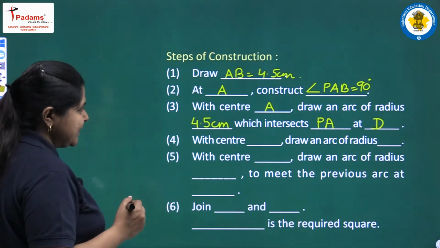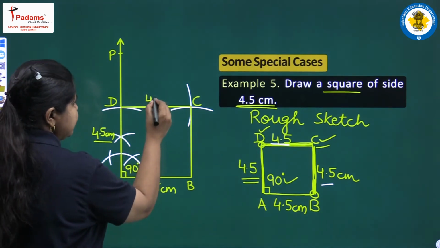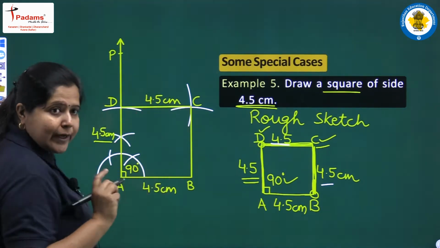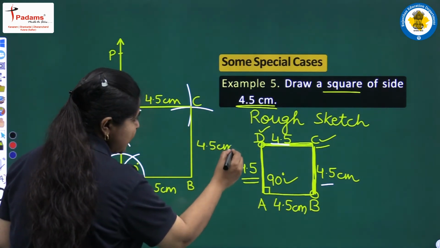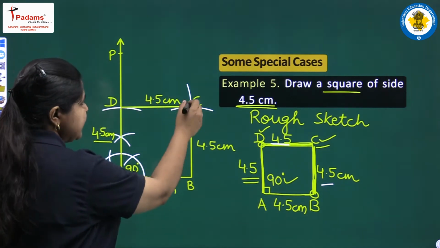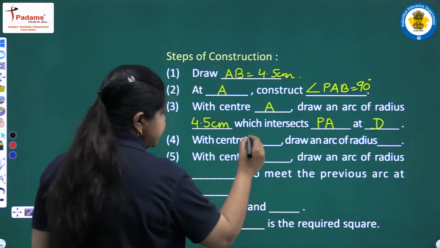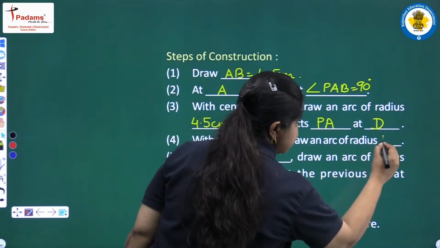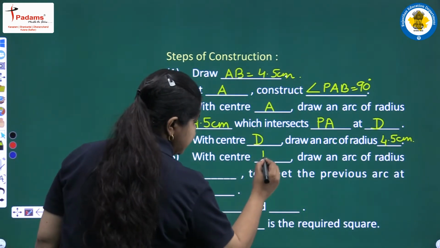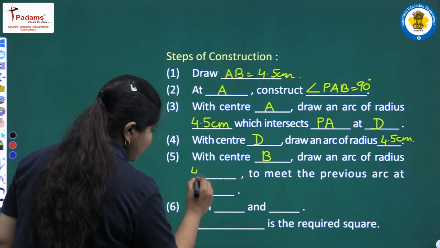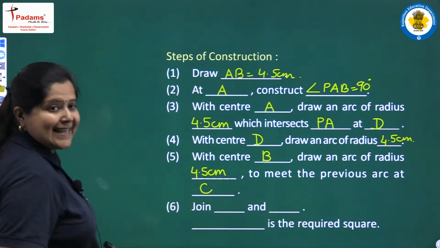With center D and radius 4.5 centimeter, draw an arc. With center B and radius 4.5 centimeter, draw another arc, and the two arcs will intersect at point C. So we write it in our steps. With center D, draw an arc of radius 4.5 centimeter. With center B again, draw an arc of radius 4.5 centimeter to meet the previous arc at point C.